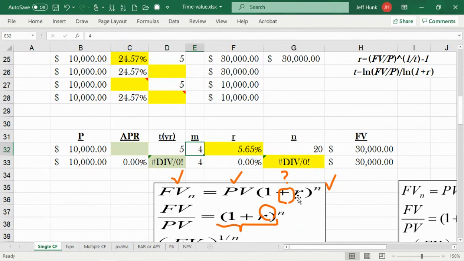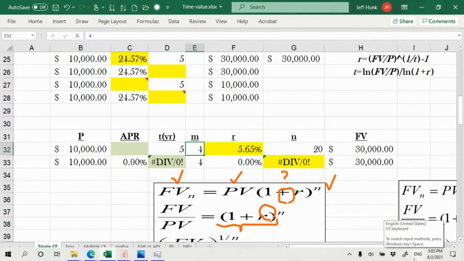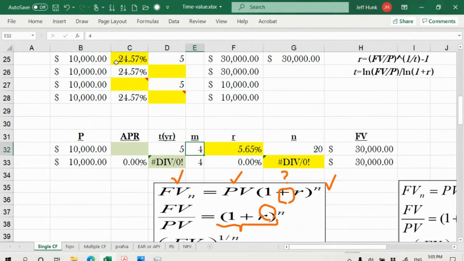First of all, how many compoundings happen over 5 years? What you did was just this, but that's when compounding is annual. Here, compounding is quarterly, so annually there are 4 compoundings, and there are 20 compoundings over 5 years.